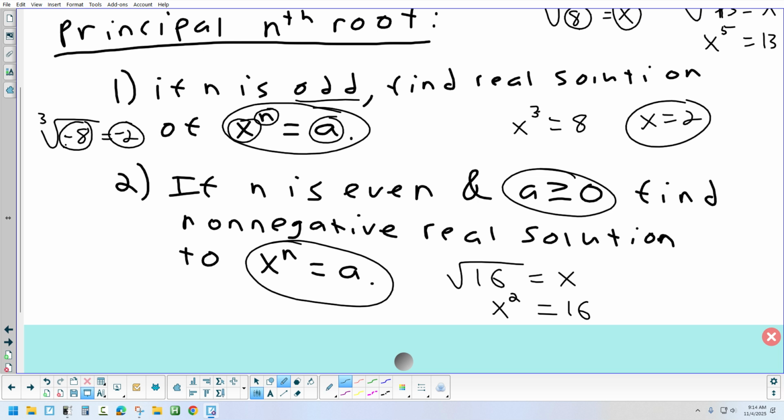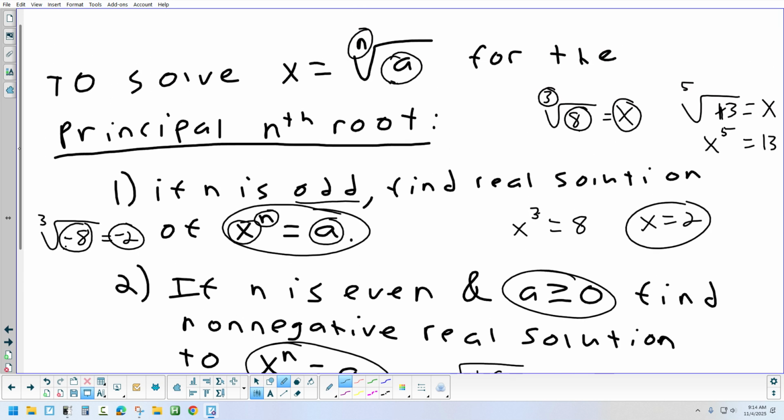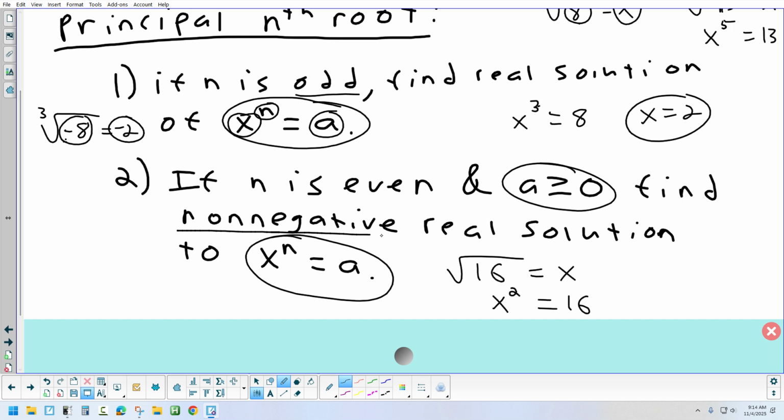If you can figure out what number times itself gives you 16, then you know how to do a square root. Now, we just said there are 2 numbers you could multiply by itself and get 16. When I ask you for the principal root, I want the answer that is not negative. So what would you tell me the square root of 16 is if I asked for the principal root? 4. Yep. 4 would be the answer.